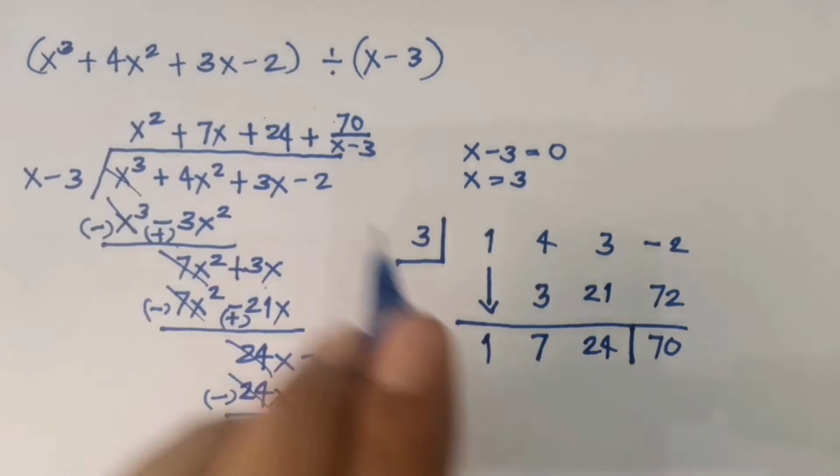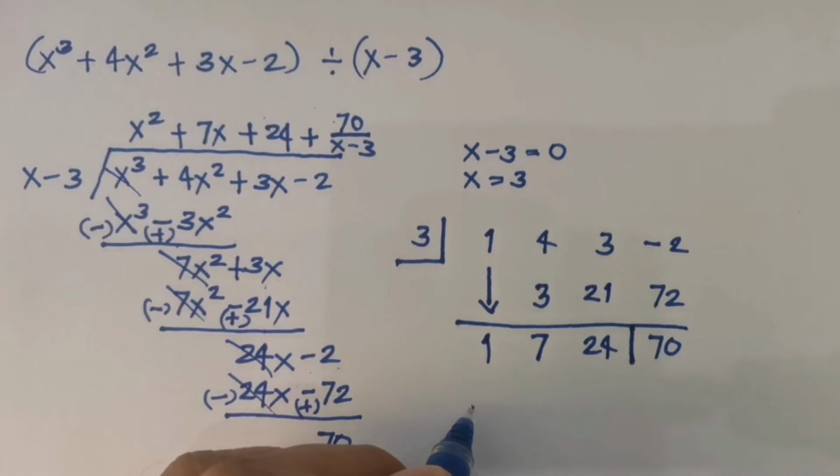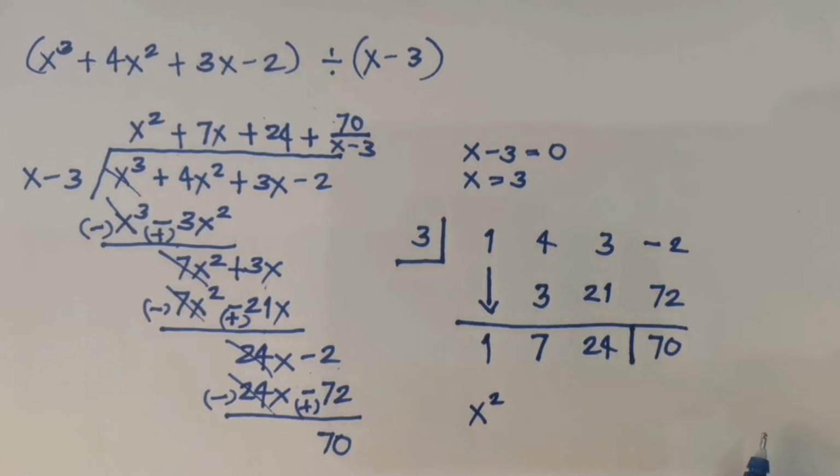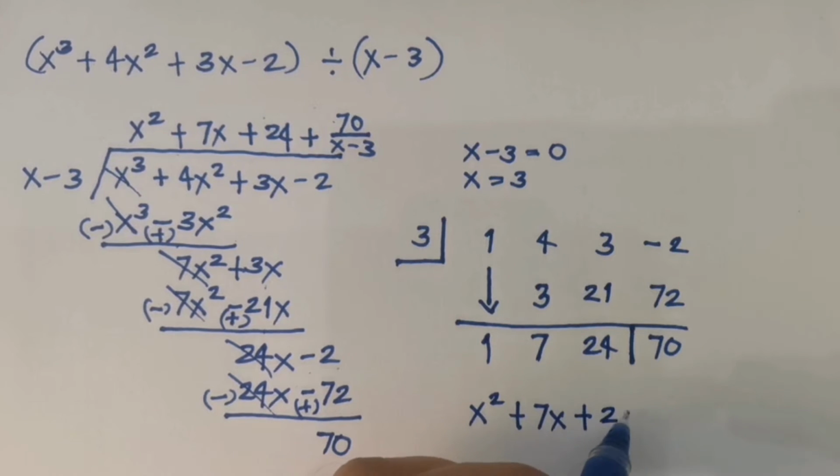X squared times 1 is x squared. Then by decreasing order na yung degree natin. So positive 7, you will just write here plus 7, decreasing order tayo. So babawasan ng degrees, square, magiging to the first power. Bring down si positive 24.